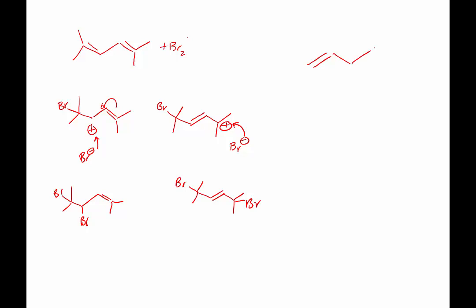So if I said, hey, add Br2 to this molecule, and you said, well, light or dark, under light, no light, or heat, right? So I do this reaction with light at room temperature, I do it with heat, or I do it with no light.